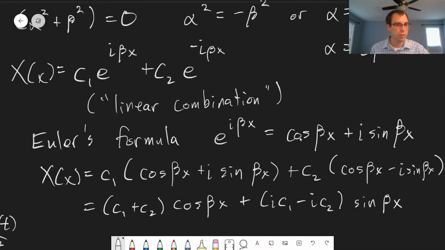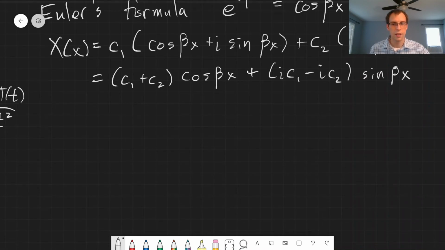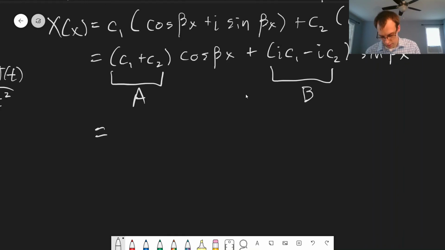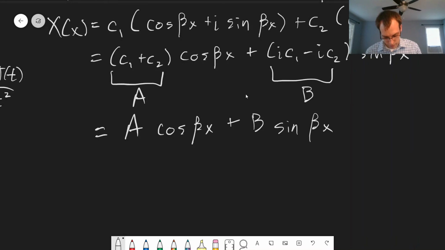And so overall what we get is a solution that's a combination of a sine and a cosine. We can lump these constants together and give them a new name. We don't have to keep them as C1 and C2. So we'll call this one A and this one B. And so overall our solution is A cosine beta x plus B sine beta x.